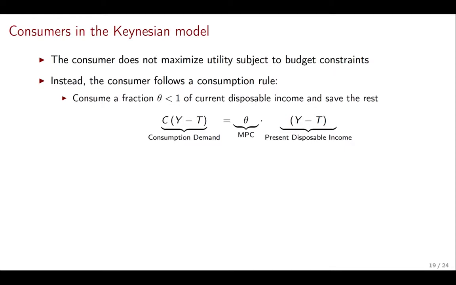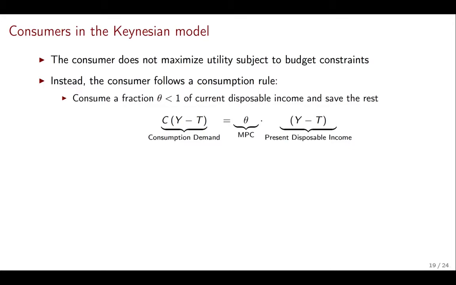The first one is we're saying that consumption depends on Y and depends on T, on taxes, same as we were saying before, just now we're making it depend in a very specific way. You depend on present disposable income, not on the present value of your lifetime income, not on the present value of lifetime taxes. So here, whatever happens to taxes in the future is not going to affect us directly.